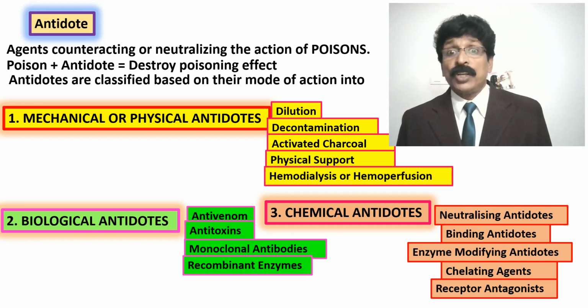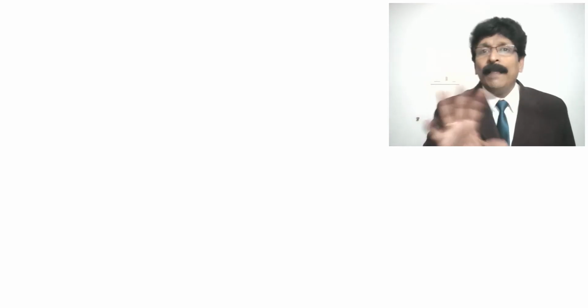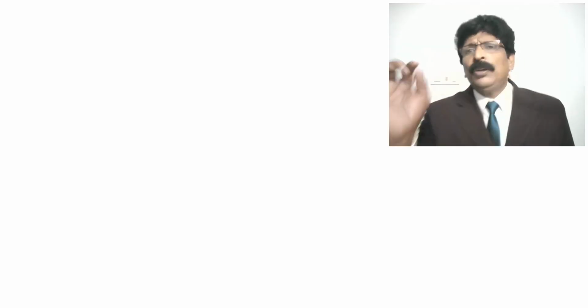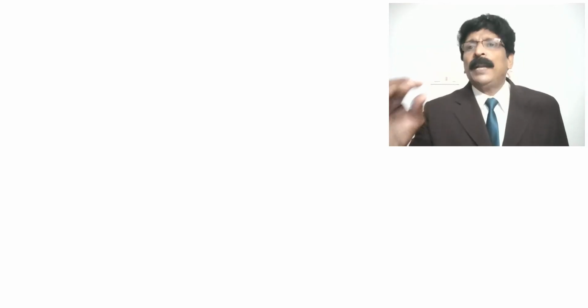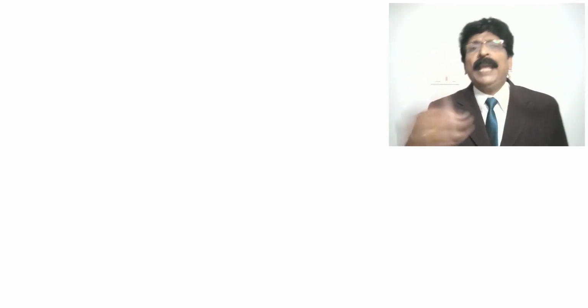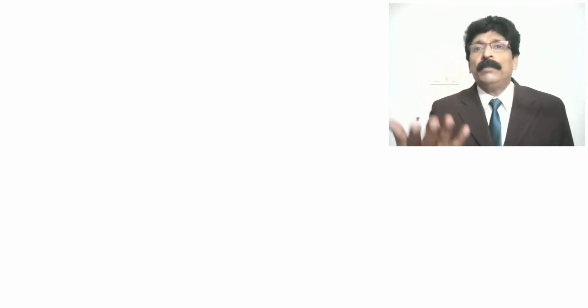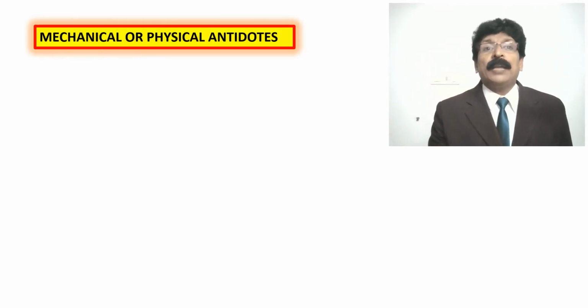They also come under chemical antidotes. So the student has to remember all these in 3 categories. We are just giving some explanation; very few you can explain on your own, because from the heading itself you can understand.